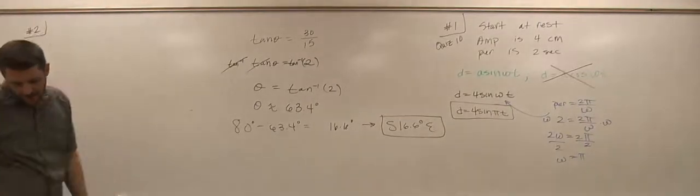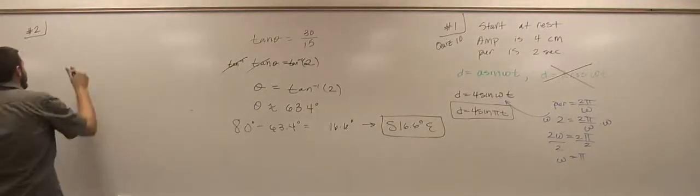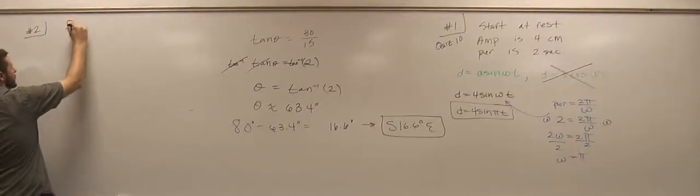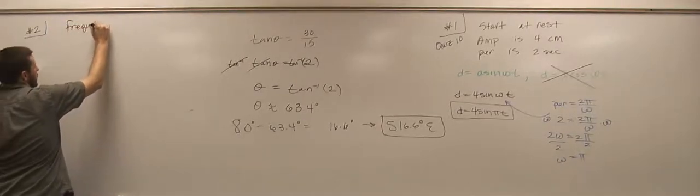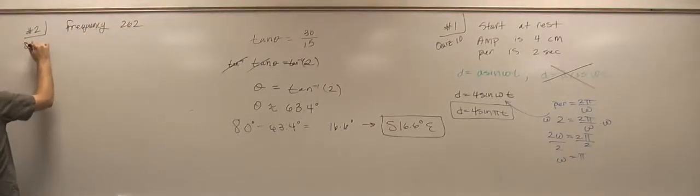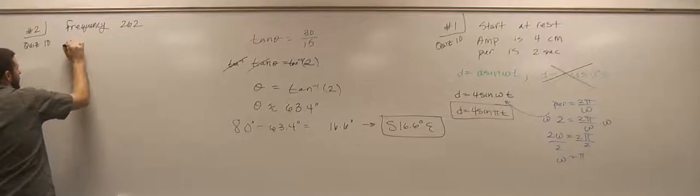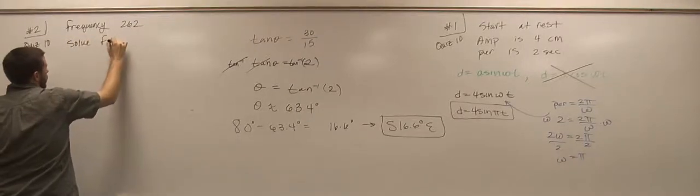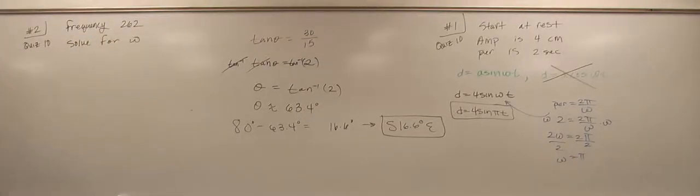So, I'm asking you to solve for omega here, and I'm giving you a frequency of 262. And I'm asking to solve for omega. So how do you do that? What's the key observation here?